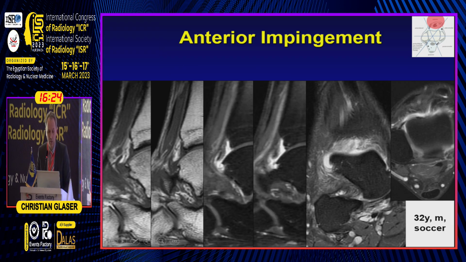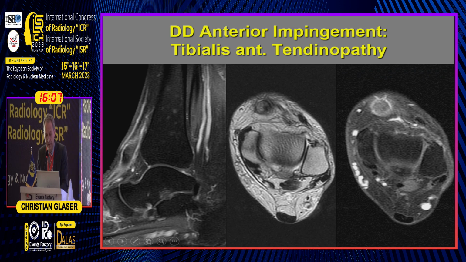So MRI would show us the soft tissue component with fluid, thickening, inflammatory reaction to the anterior capsule, hyperintensity, the fluffy thing, and upon contrast, a vivid contrast uptake.